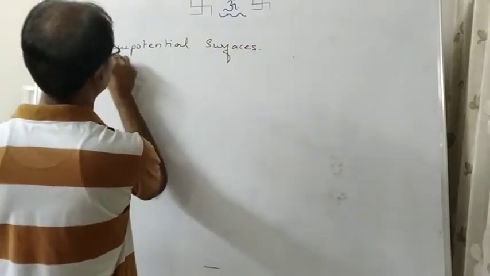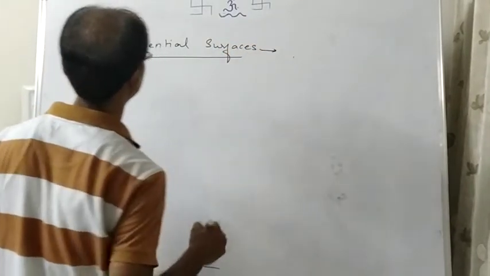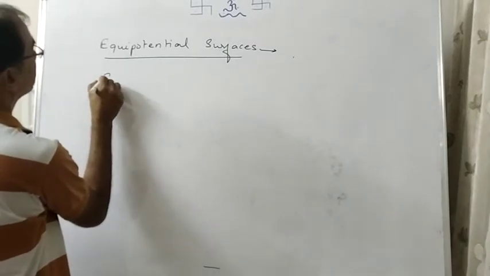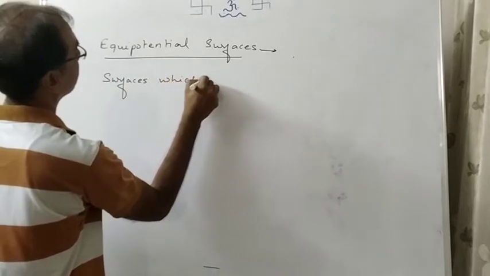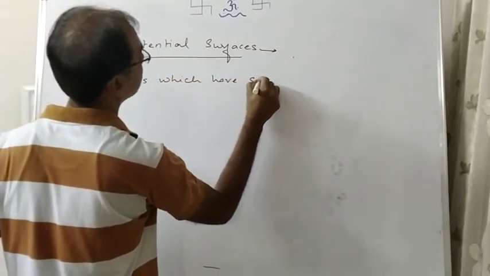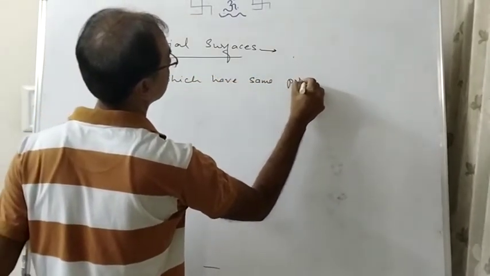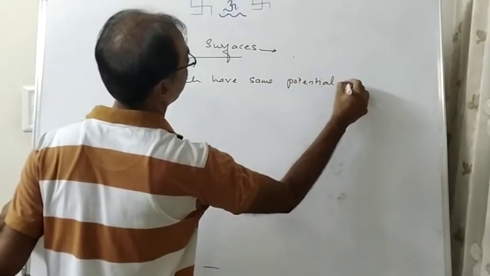Equipotential surfaces. So what will you write? Surfaces which have the same potential everywhere.